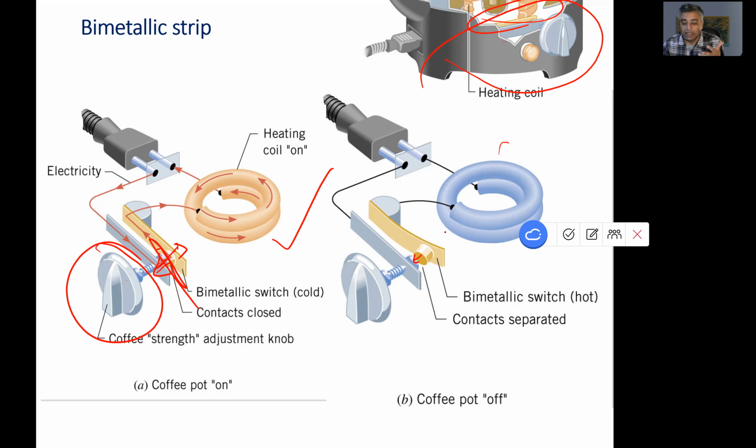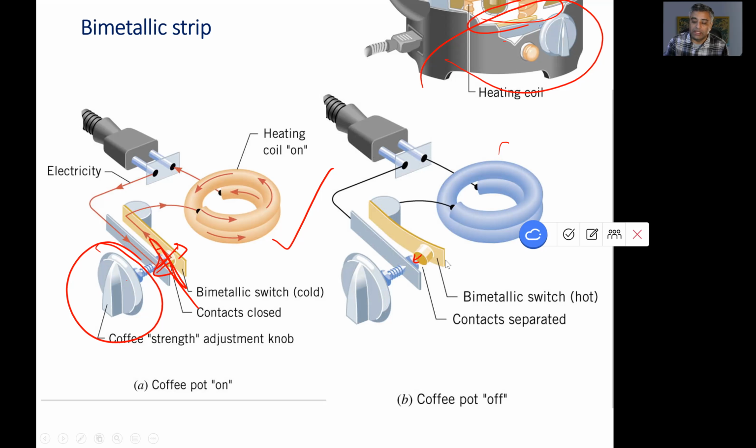And then again, as the temperature goes higher, it breaks. So that's how it acts as a switch to keep a constant temperature. The device that keeps the temperature constant is called a thermostat. And all thermostats have some sort of this kind of mechanism to control temperature, okay?